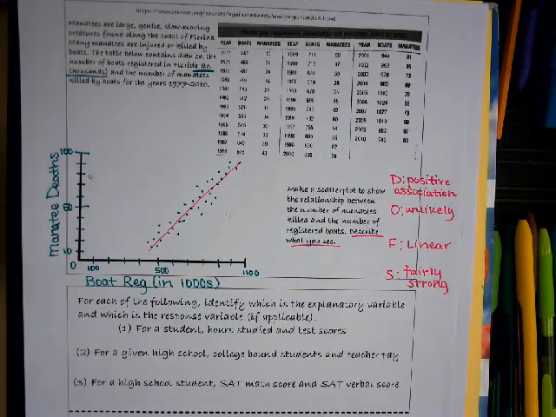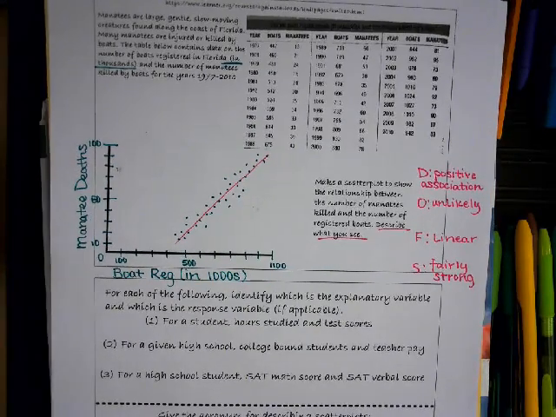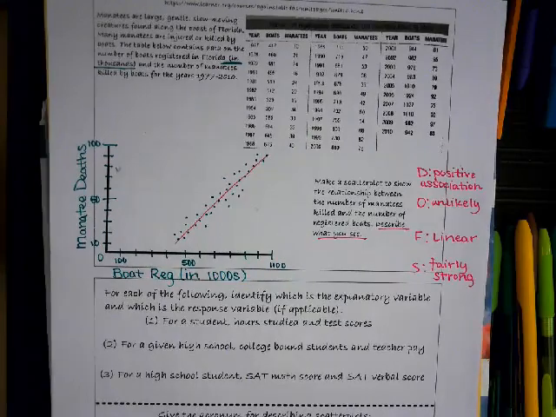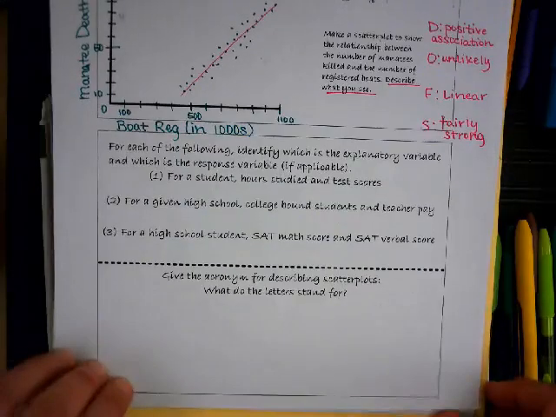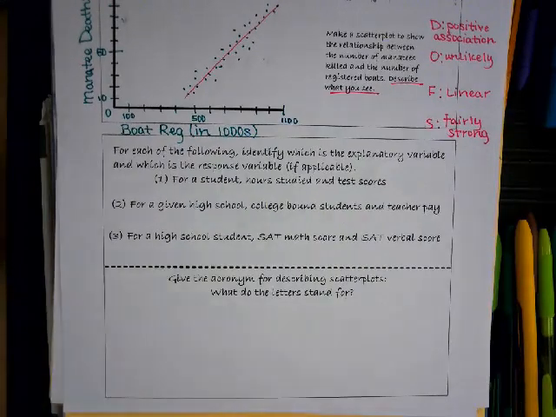So, you have to sometimes just identify your explanatory and response, kind of like I threw at you in the warm-up. Which one do you think explains the other? So first one, student hours studied and test scores.